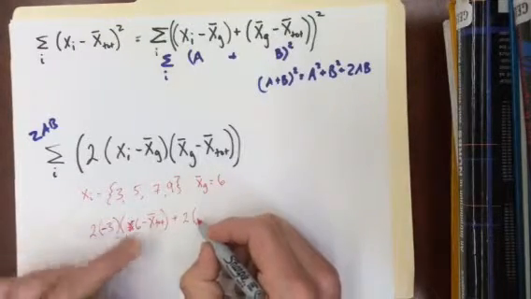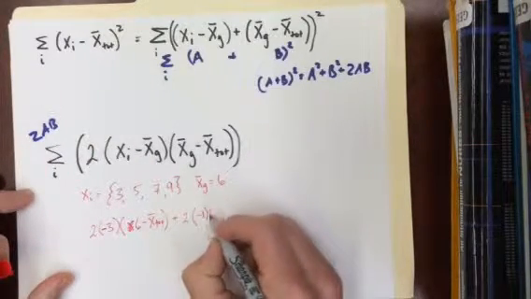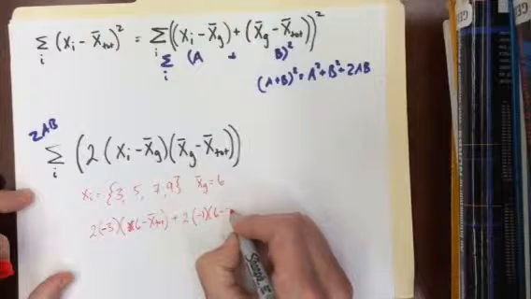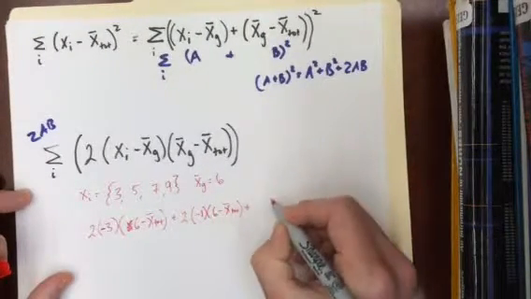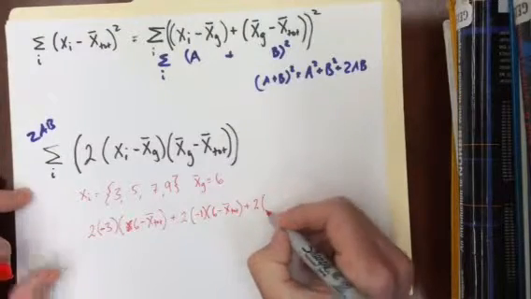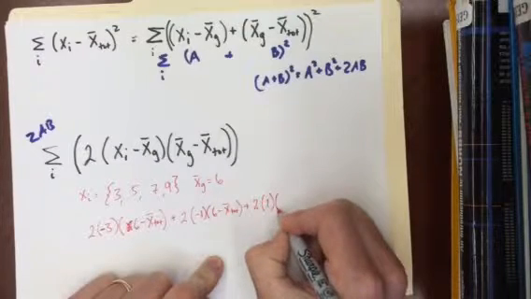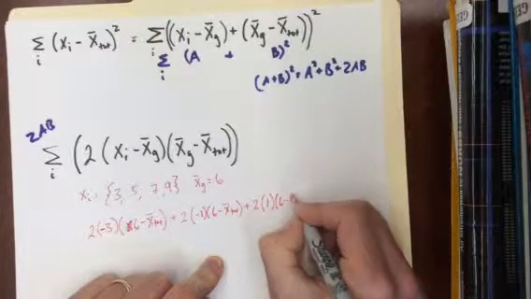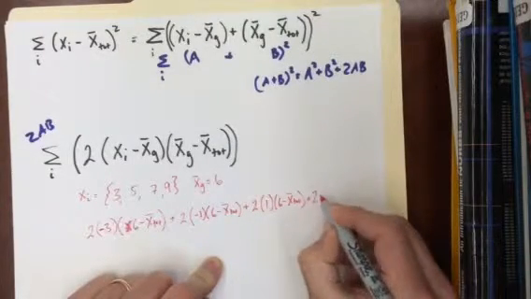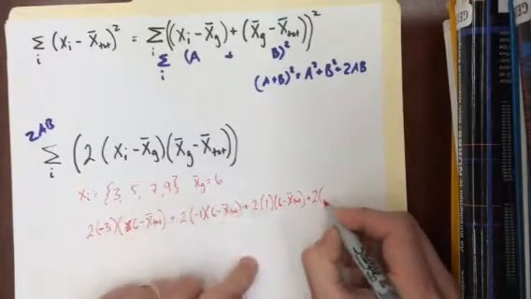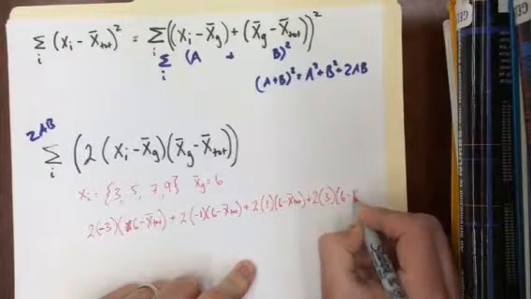So now this is going to be 2 times 5 minus 6, so negative 1 times 6 minus x bar total, plus 2 times 7 minus 6, so 1 times 6 minus x bar total, plus 2 times 9 minus 6 is 3 times 6 minus x bar total.